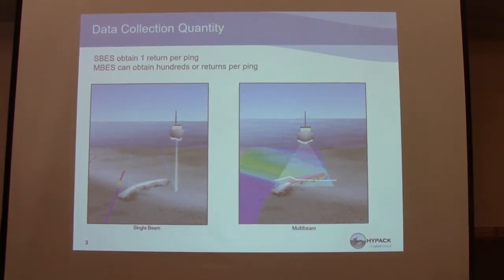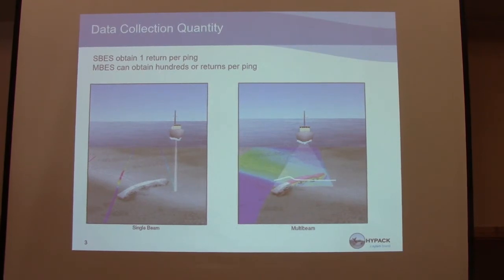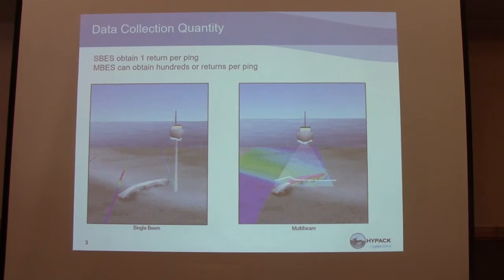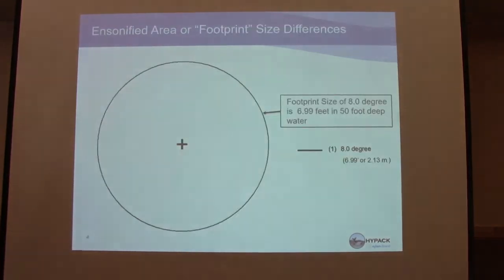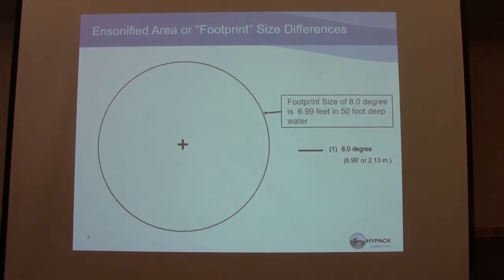The older sonars that I started using in the field years ago had 16, and then 24, and then 64. Now it's 256 and 512 beams. So the more this stuff evolves, the more beams you're getting into a smaller multi-beam head. That's what this shows, the sonification area.